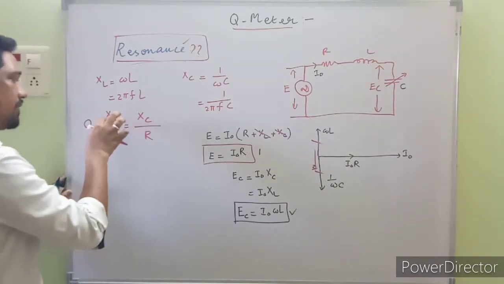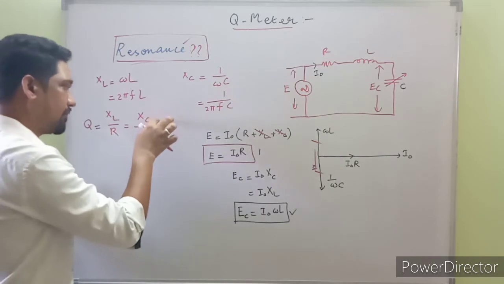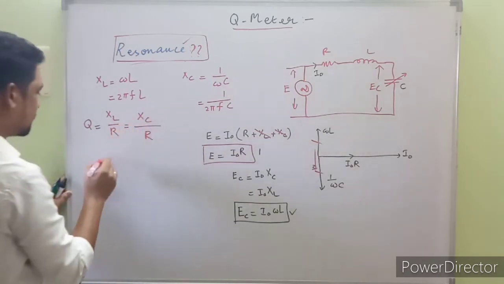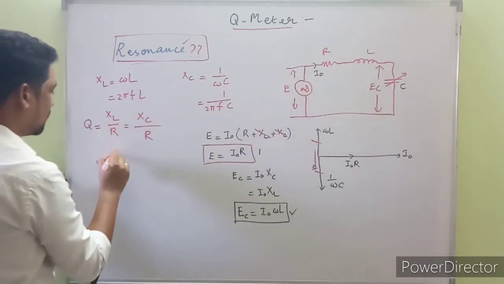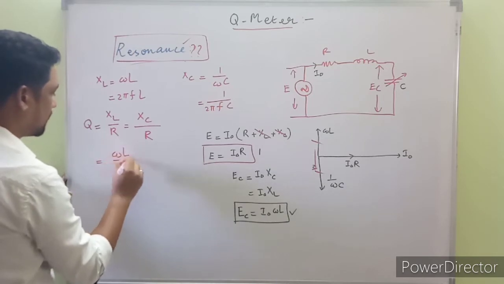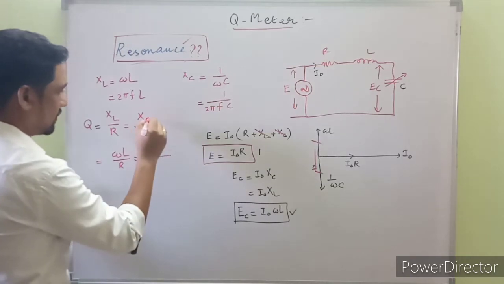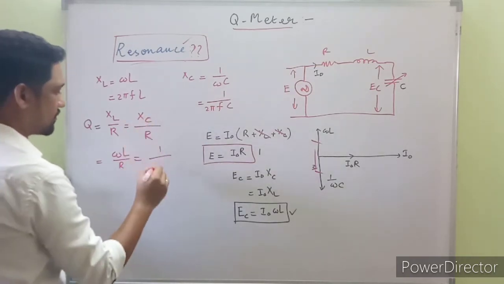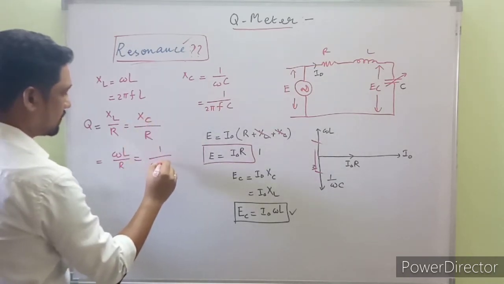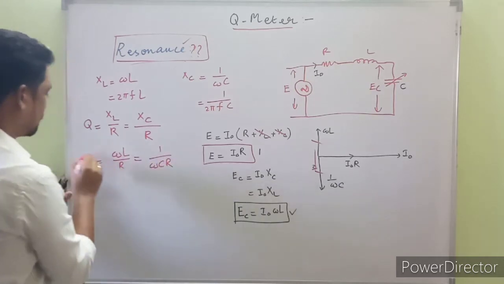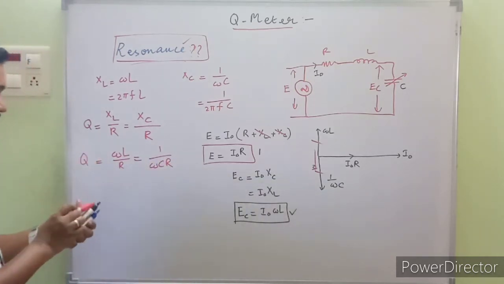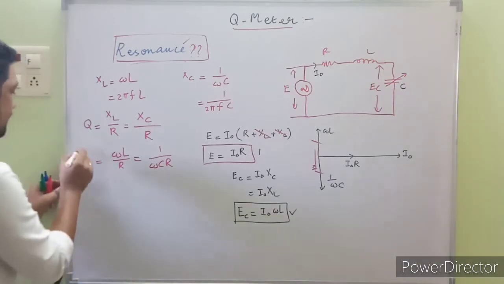We can substitute this with this one, or go back to this. In other words, it's XL, omega L upon R, which is equal to XC, capacitive reactance, 1 upon omega C into R. Q equal to this one has these many forms under resonance.